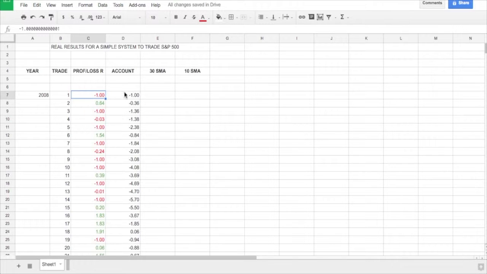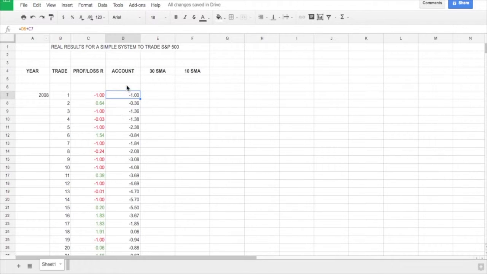The next column is how your account would look, how it would grow, and that's quite simply just adds your previous balance with the new trade. In this case, I'm clicked on this cell here at D7, the formula for that is up here, which is D6 plus C7.